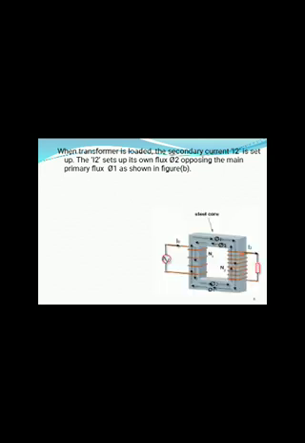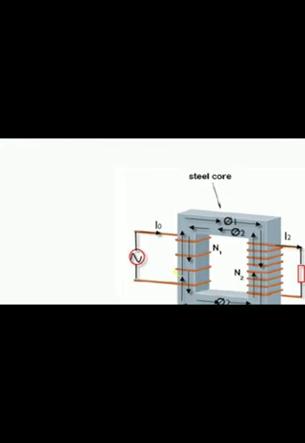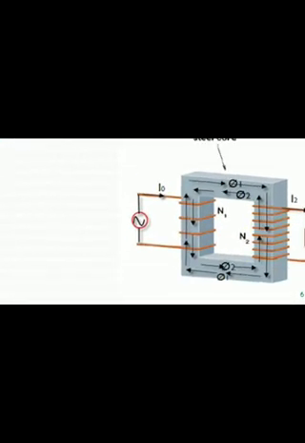The current I2 sets up its own flux φ2. This flux φ2 opposes the main primary flux φ1, as shown in the figure. Here φ1 is the main flux and φ2 is the secondary side flux.